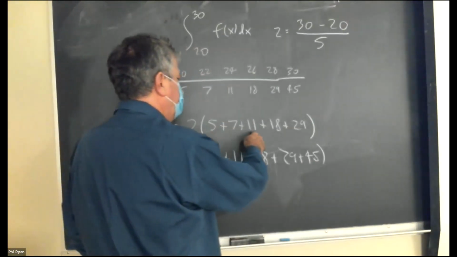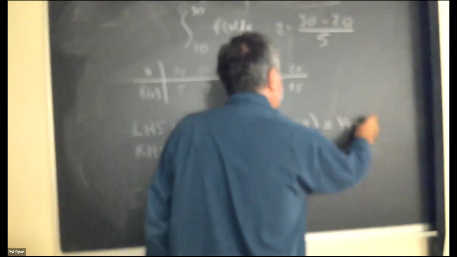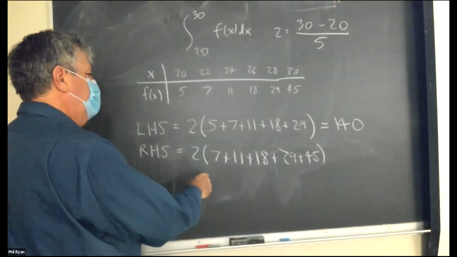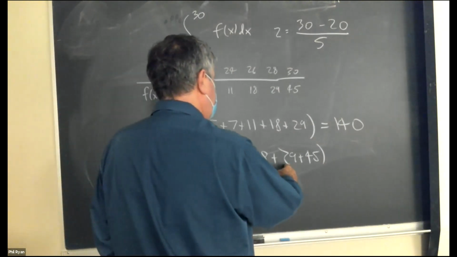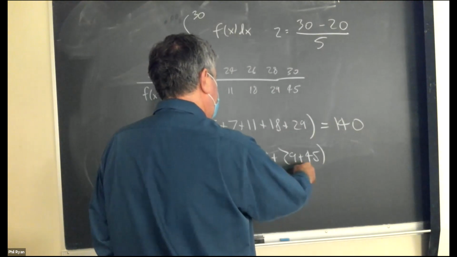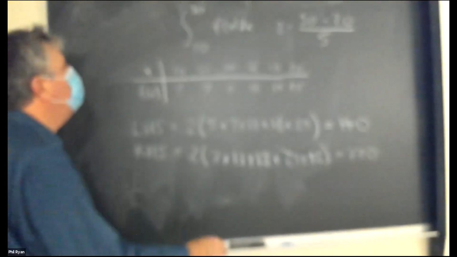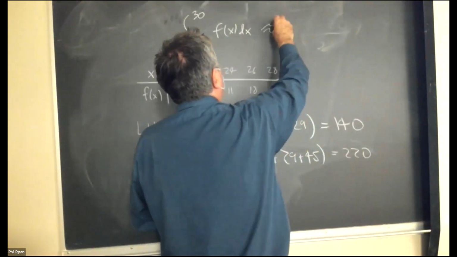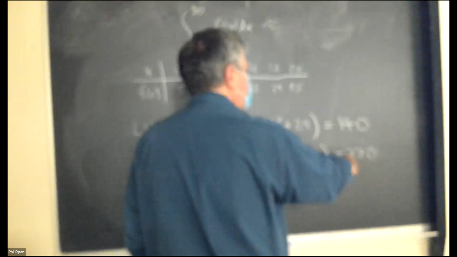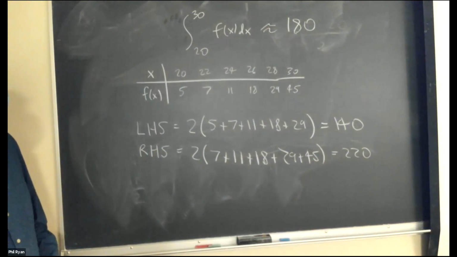And so you do 12, 23, 41, 70, 140. 18, 36, 56, 65, 110, 220. And we just add these two together, 360 divided by 2, 180. So that would be our best guess for what that integral is.